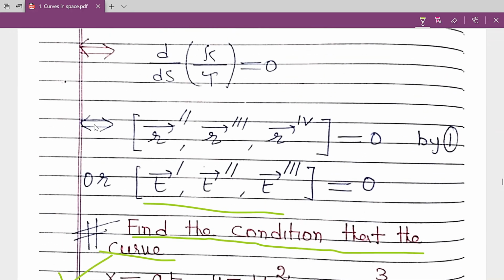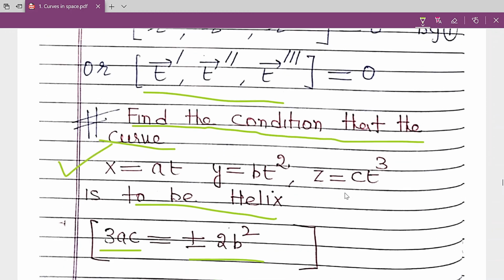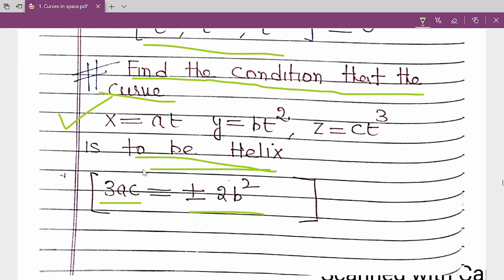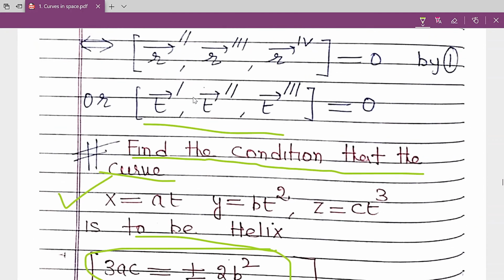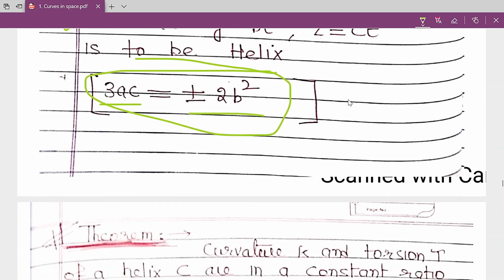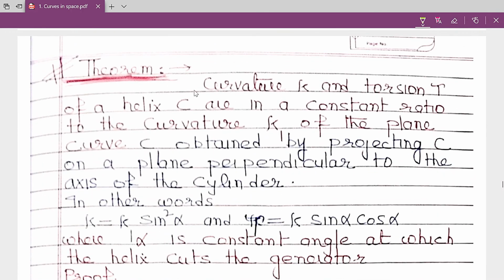Just find curvature and torsion, or find t dash, t double dash and t triple dash, and taking the scalar triple product equal to 0, we get the conditions.